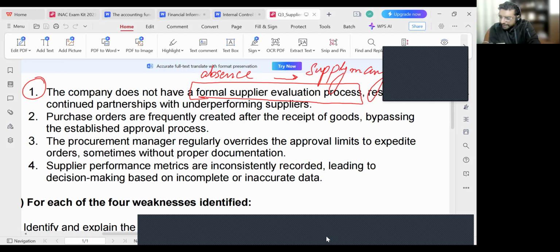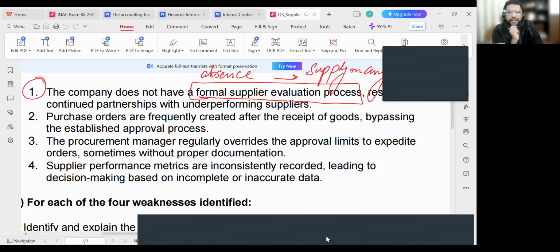Right. The second thing is: purchase orders are frequently created after the receipt of goods, bypassing the established approval limit. So the approval limits are not followed.